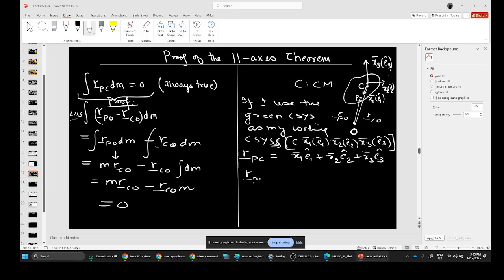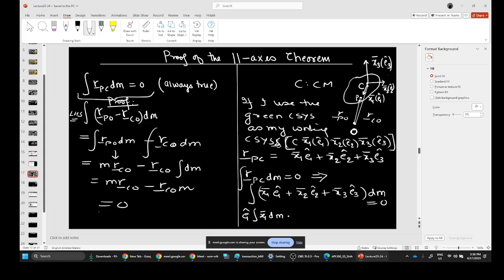Now if the integral of R_PC dm is 0, what I just proved, then it implies what? This whole thing should be 0. But then E1, E2 and E3 are not depending on this integration. E1, E2, E3 are independent of the integration process, and thus this equation should give me this.